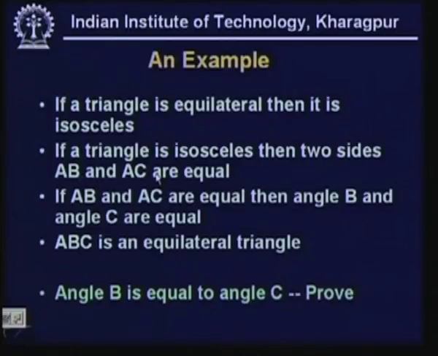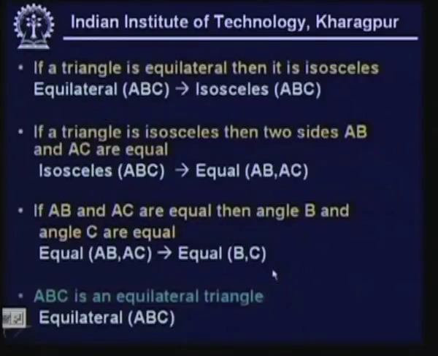That is a definition. If AB and AC are equal, then the base angles, the angles B and C are equal. That is something we know. ABC is an equilateral triangle, and suppose you are asked to prove angle B is equal to angle C. Can you prove it?